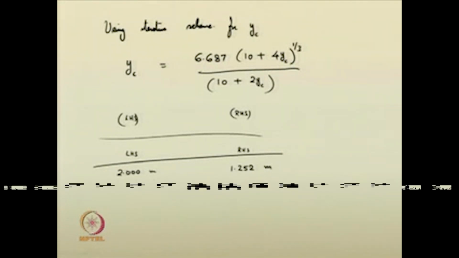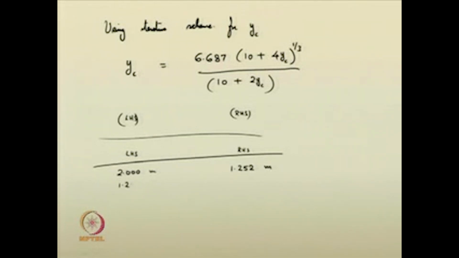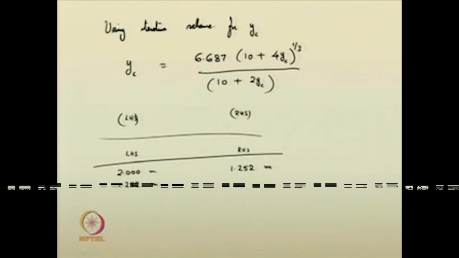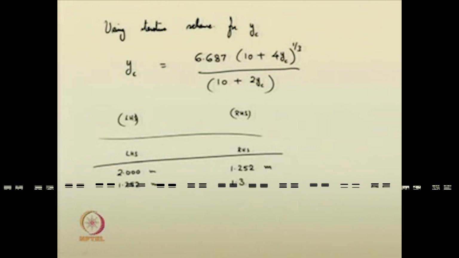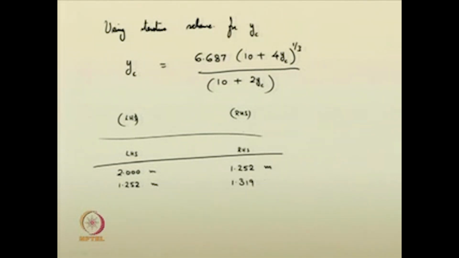Again I am taking this as the LHS, and the corresponding RHS we are getting here. That is, 1.252 is now substituted here and in this equation I am getting 1.319 meter. Again, it becomes 1.313.